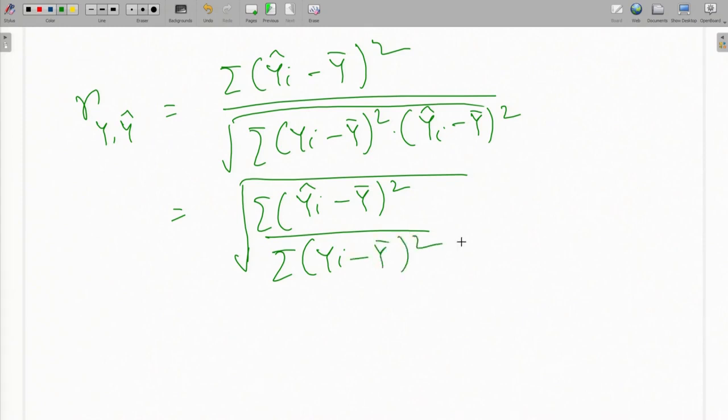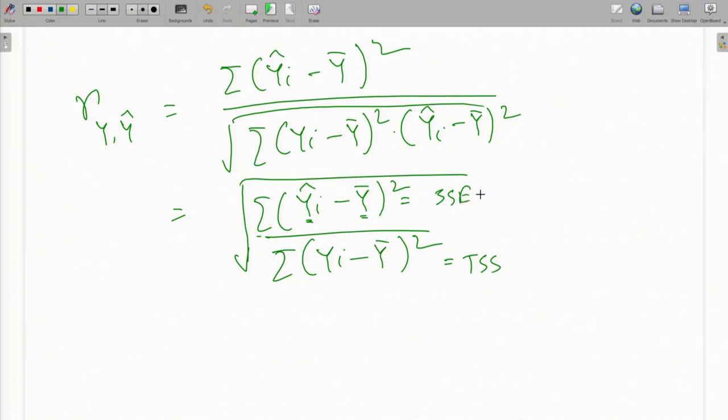Now, if you look at the numerator and denominator carefully, the numerator is saying the extent to which your model is able to explain the error from the y bar, whereas yi minus y bar is the extent of error your actual data is generating. So, basically this is the sum of squares explained and this is the total sum of squares.